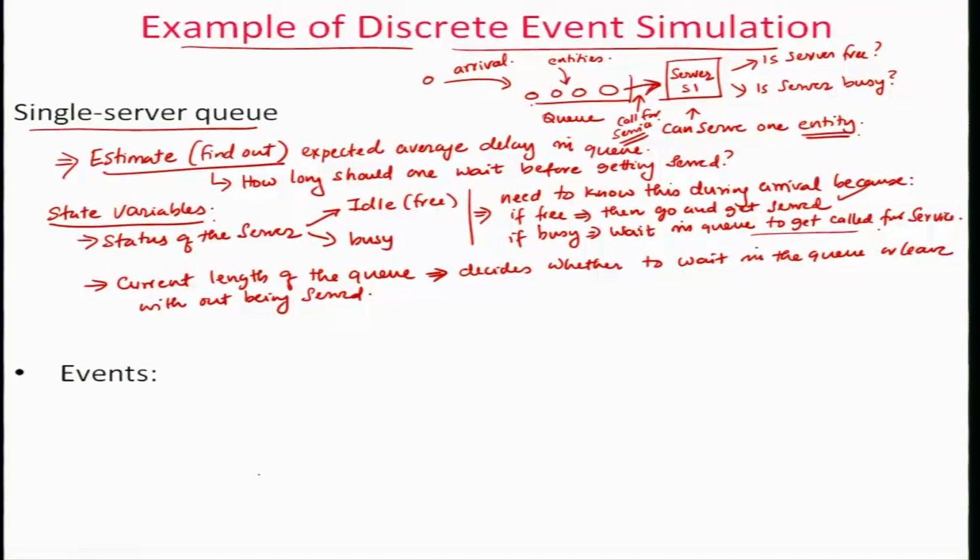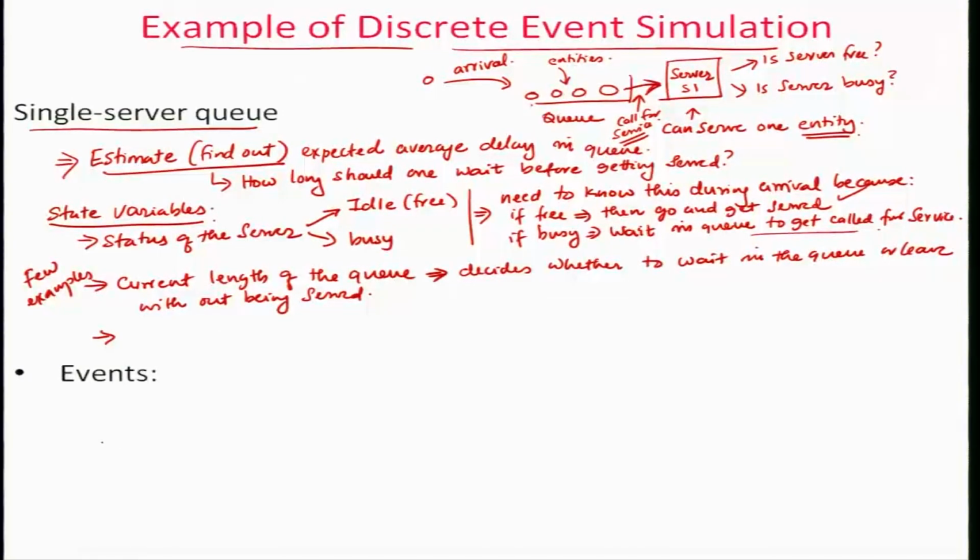Sometimes when you go to a place and see a very long queue, people say, oh, I am not going to be here, I will leave and come back later. Such a decision happens. For that, you need to know the length of the queue. These are not all the state variables, these are a few examples.